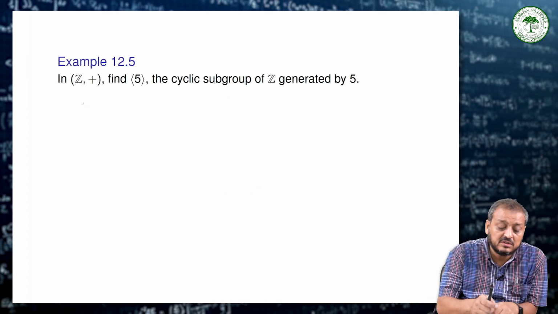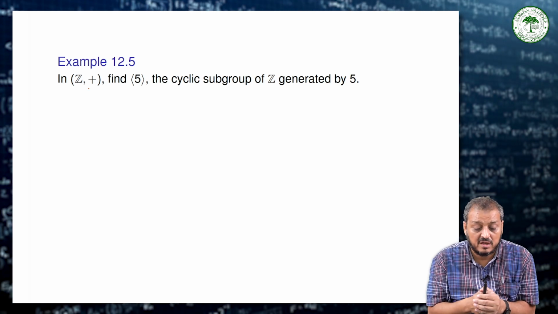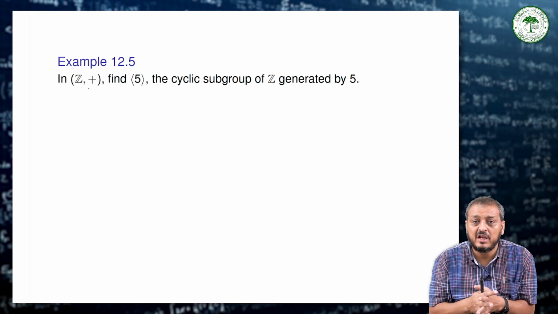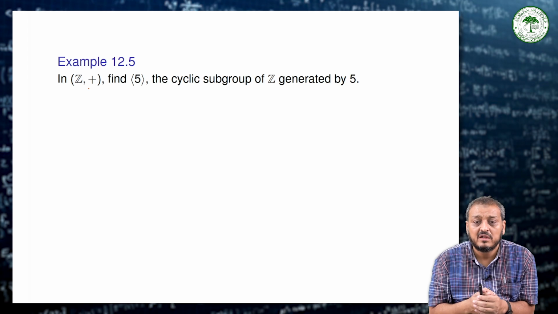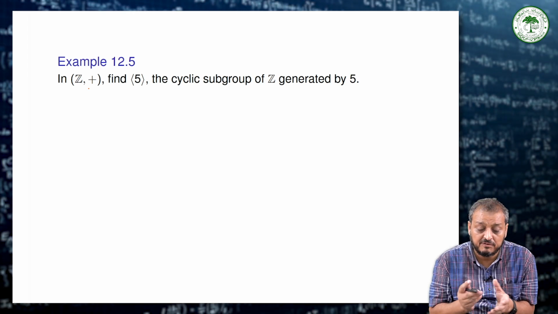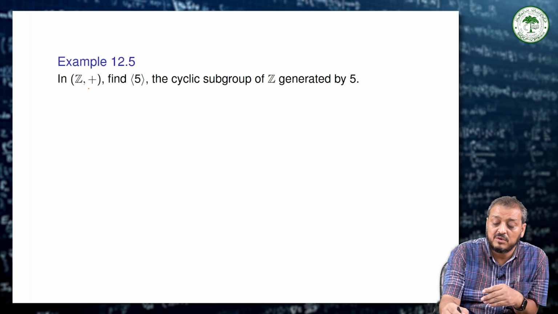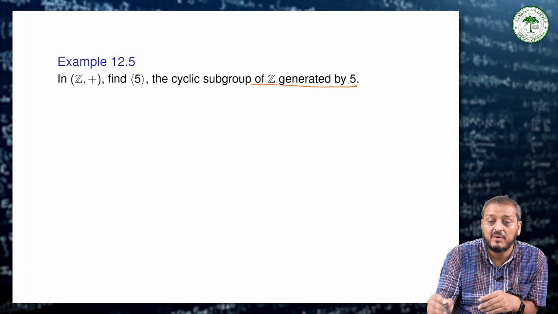Suppose we take Z under addition, which is a cyclic group because 1 is the generator. Then find the cyclic subgroup of Z generated by 5.